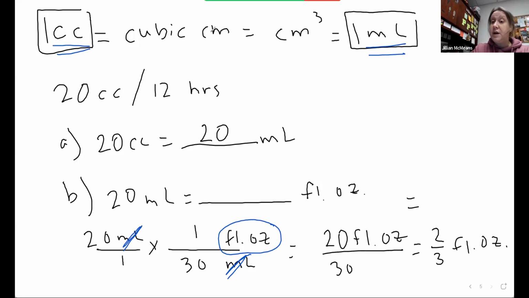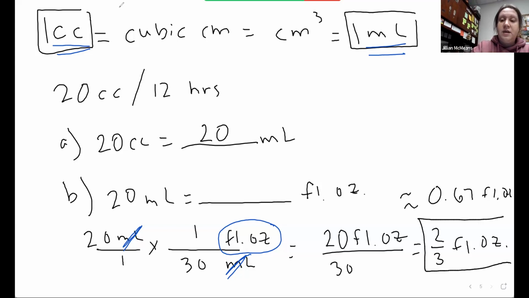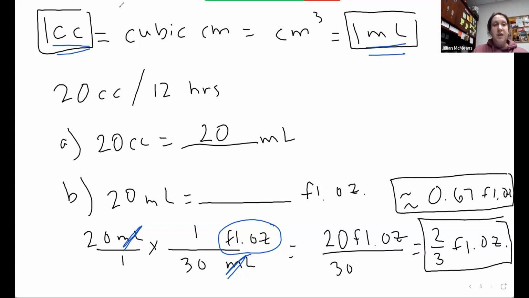Let's say we round it to 2 decimal places. We would get 0.67 fluid ounces, approximately. Anytime you round, you've got to use the little squiggly equal signs. So either of these would be fine. Okay, so the big thing here, the lesson to learn from this problem is 1 cc is 1 cubic centimeter. 1 cubic centimeter is equal to 1 milliliter.